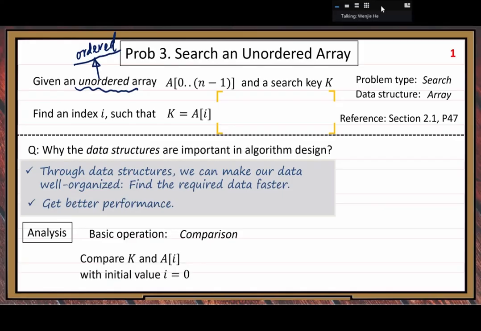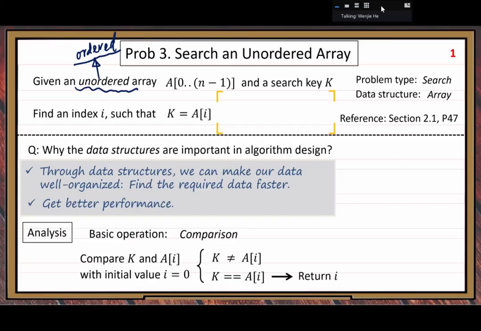When we do comparison, we need to look at the cases. We start from the first element, i equals 0. We compare k with the first element. If k equals A of i, the current element, then we find it, right? This index i is incremental, every time by 1. Another case: k not equal to the current element, greater or less, but unequal.